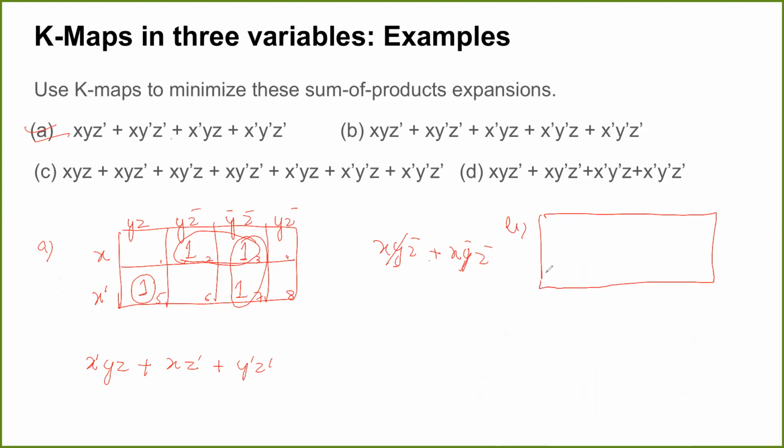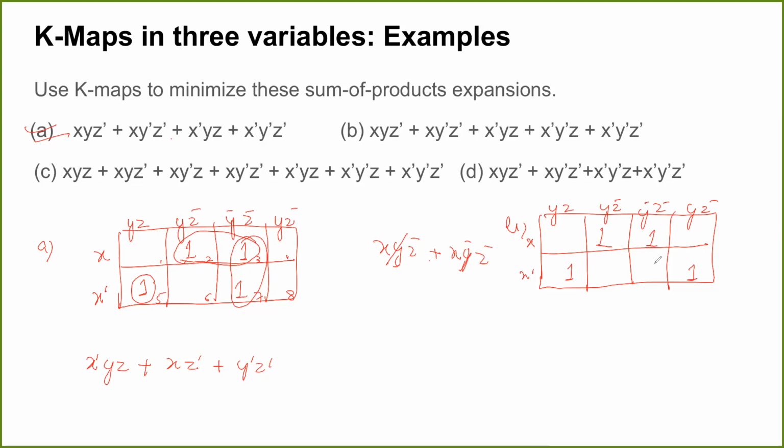So tell me what all should I fill in part B? Tell me which blocks to fill. You have x, y, z prime. You have x, y prime, z prime. You have x prime, y, z. You have x prime, y prime, z.